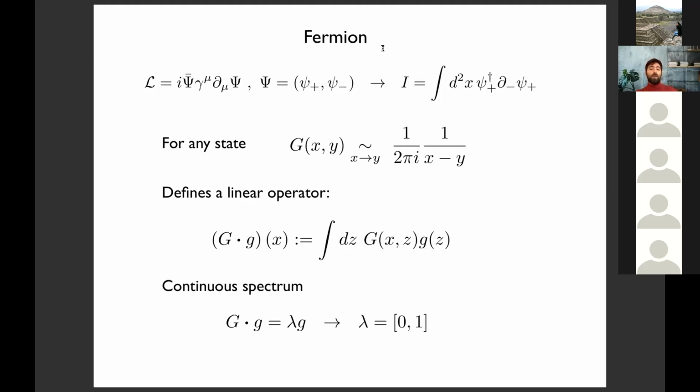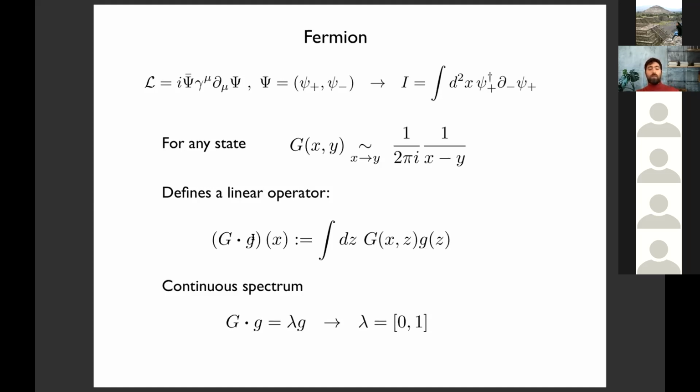Okay, now back to the free fermion. Whatever state we look at, the first thing we know about this theory is that the 2-point function, when the arguments are very close, has to have a simple pole of this form. So usually we think of the propagator as a number, but here we want to think about it as an operator acting on functions. And the way it acts is simply by matrix or function multiplication.